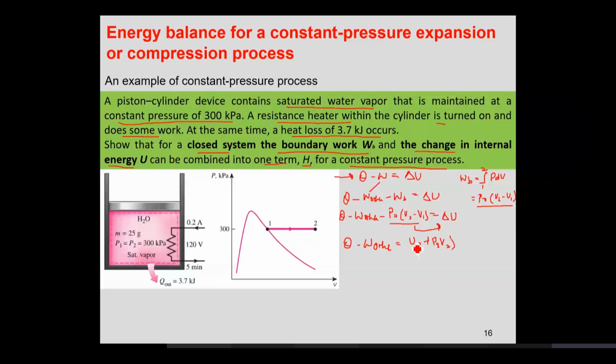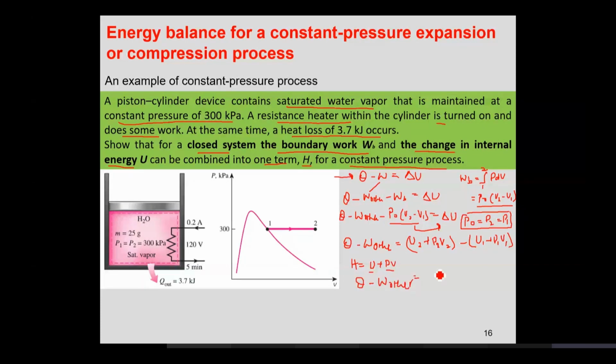This is for a constant pressure. And I know that enthalpy is a combination property of U plus PV, the internal energy plus the flow work. I can write it as Q minus work other is essentially equal to H2 minus H1.